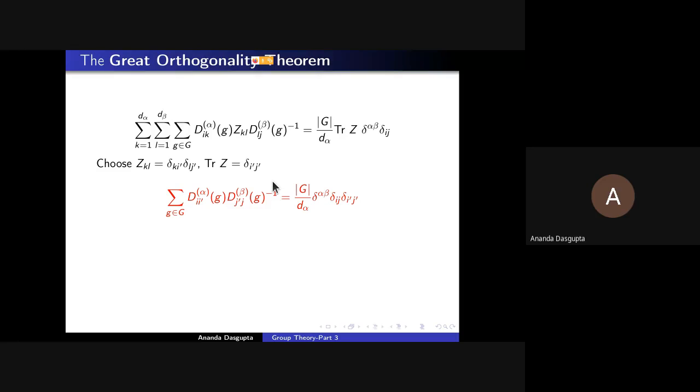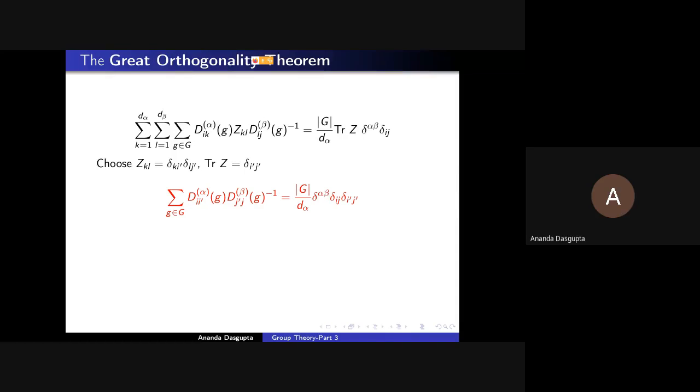These are just numbers, so you're just multiplying them together. And then sum up over all the group elements. You end up with something which is almost always 0. It's not 0 only when alpha is equal to beta, i is equal to j, i prime is equal to j prime. And if all that happens, then the value is mod G by d alpha. This is the orthogonality theorem, at least in the component version.